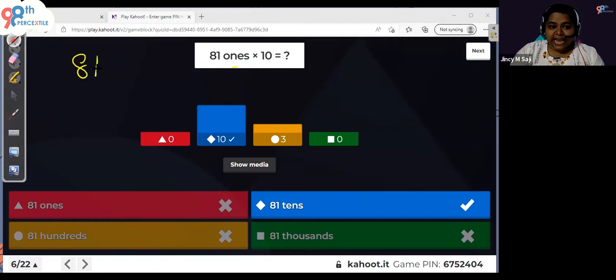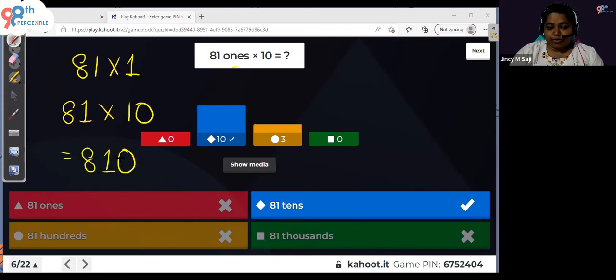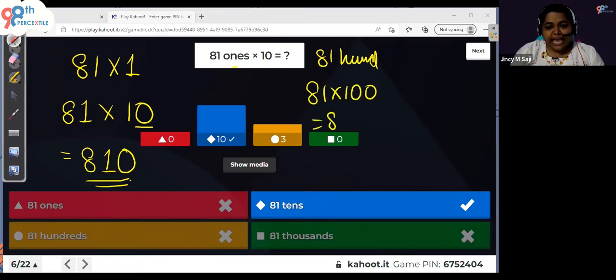81 ones means it is being multiplied by 1, so it is 81 itself. Now, that times 10. 81 times 10 would be 810, because we know it is 10, so we have added a zero towards the right. 81 hundreds means 81 times 100, and that is 8100. 81 thousands would be 81000.